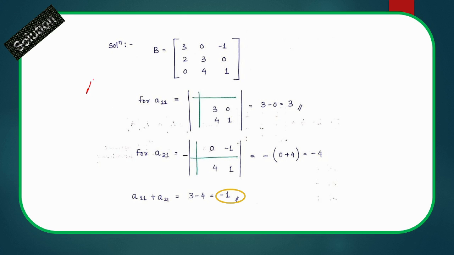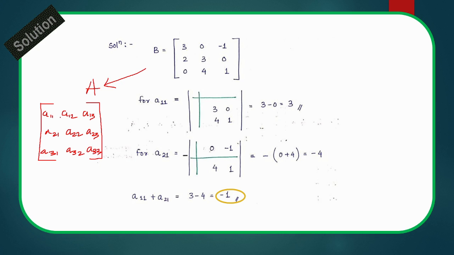It is saying A is a matrix which is the cofactor matrix of B. So if A is the cofactor matrix of B, you can easily find out what is A. And A has the elements A11, A12, A13, A21, A22, A23, A31, A32, A33. So it is asking what is A11 plus A21.